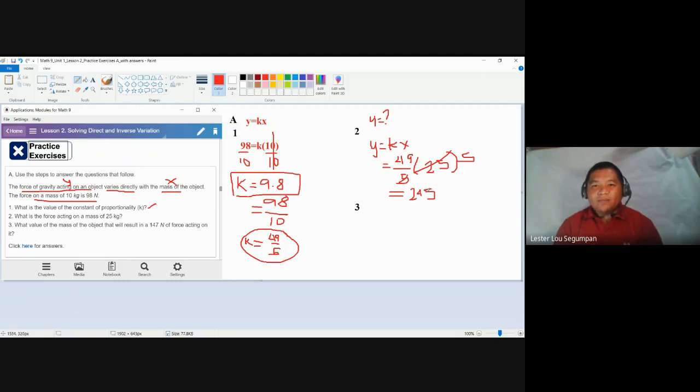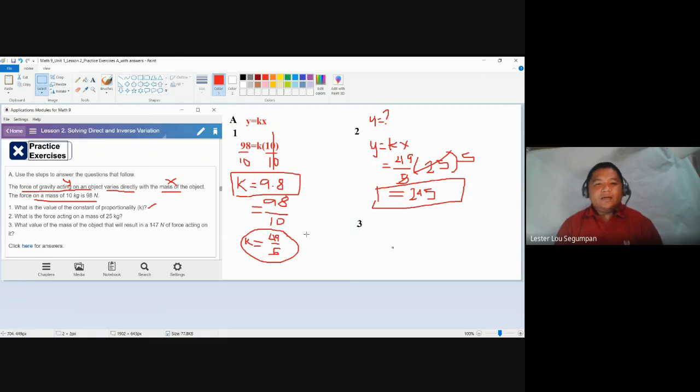But again, it's okay as of the moment. In your physics, the units are very strict. I understand. As of this moment, it's okay, as long as we get it. 245 newtons will act on a 25 kilogram object. That is how we will answer a problem involving direct variation.